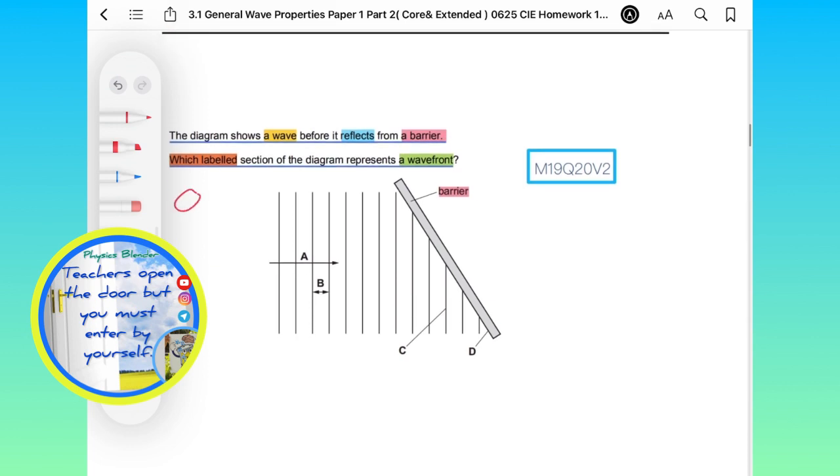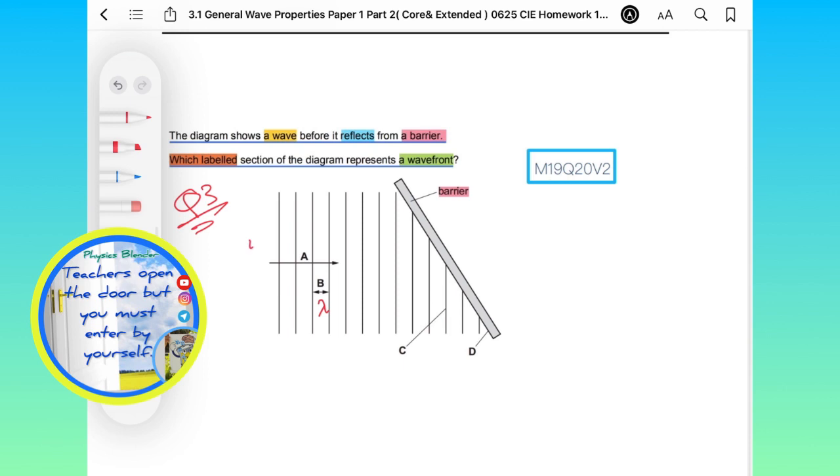Question 3, some concepts and some labels. Which label is representing wavefront? We said wavefronts are imaginary lines. The distance between two wavefronts is representing wavelength. So B here, for example, is representing wavelength.